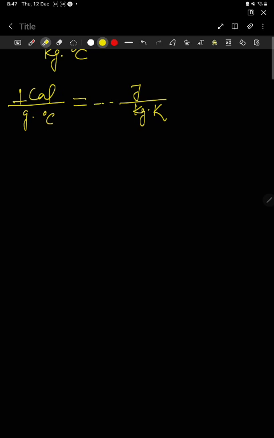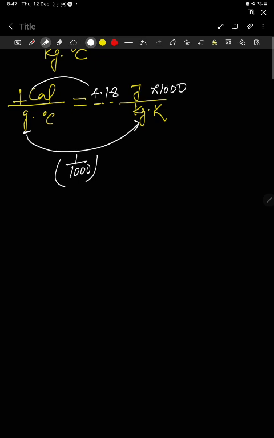How will we convert? We know that 1 calorie is equal to how many joules? 4.2 joule. And this one is gram, so to convert gram into kg, I have to divide by 1000. So in this case we can write into 1000, and it will come to 4.2 into 10 to the power 3 joule per kg per Kelvin.